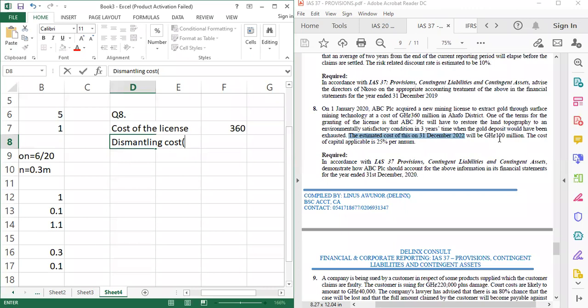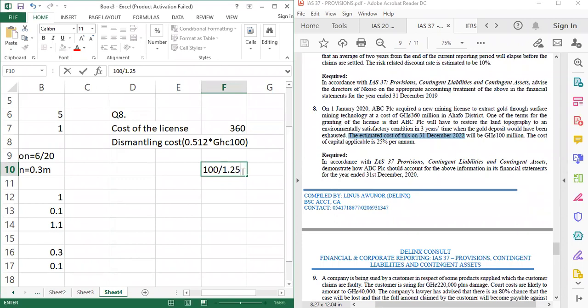So let's do that. 1 over 1.25 exponent 3. What will be the answer? 0.512. Then you multiply by the amount, which is 100. Another way of doing this is 100 over 1.25 to the exponent 3.